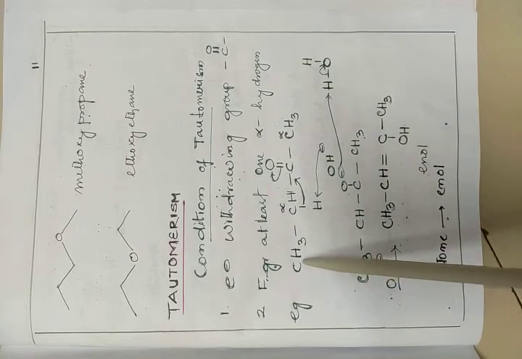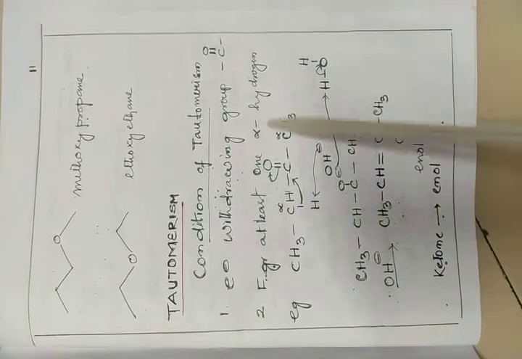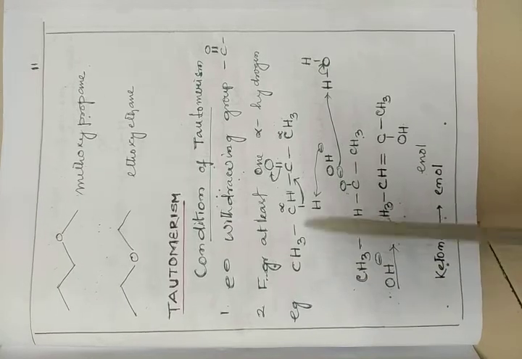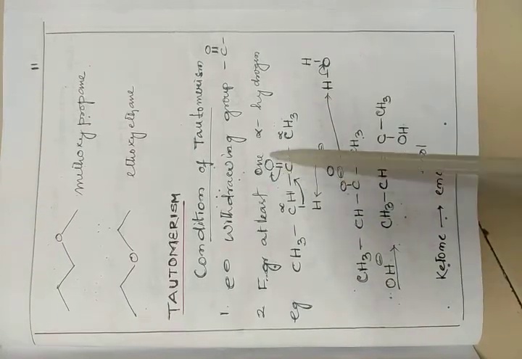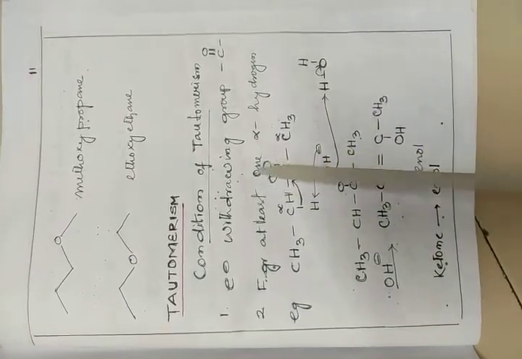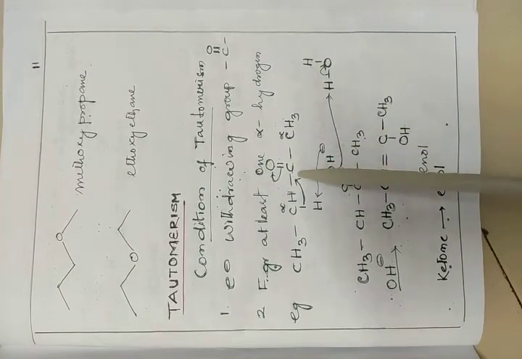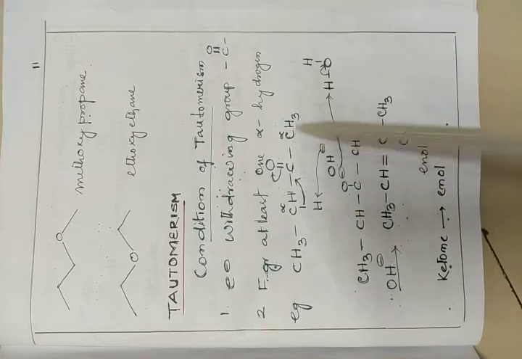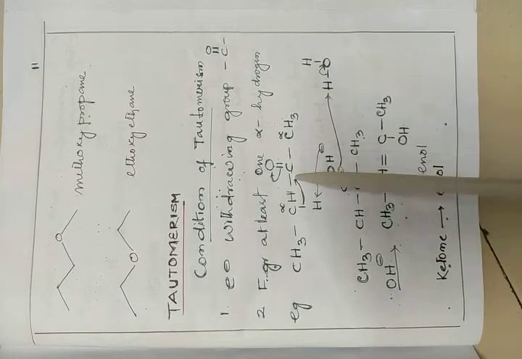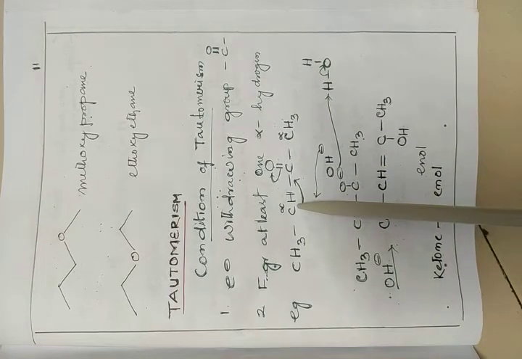We just see now, here this is a carbonyl compound. So in this example, we just say CH3, then C double bond O, CH3. So that means this part is a carbonyl compound only. So in this carbonyl compound we just see the carbons which are attached to this carbon. One is on the right side, then another one is on the left side. So the one nearest to this will be the alpha carbon.